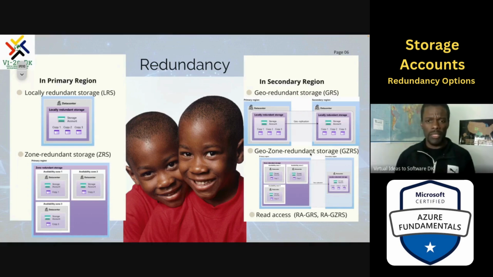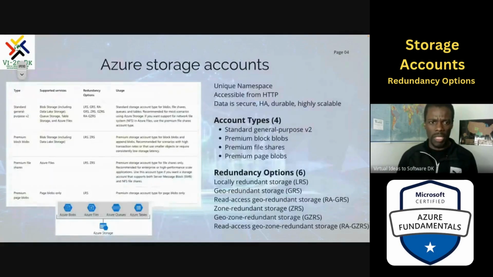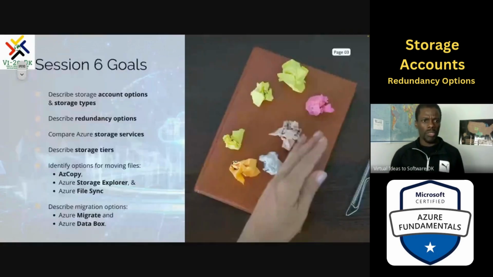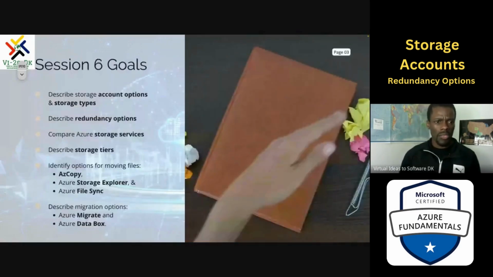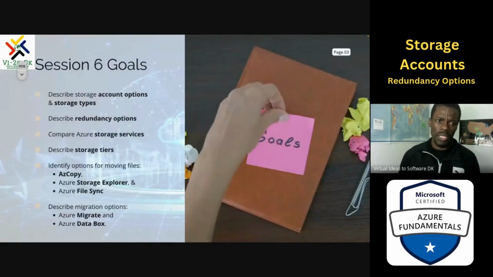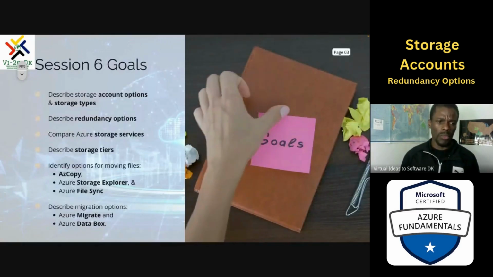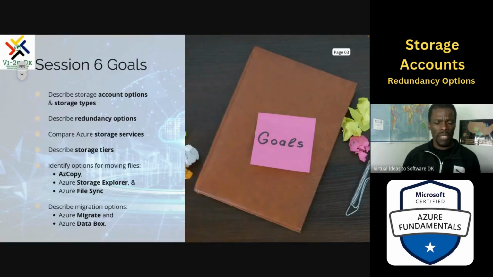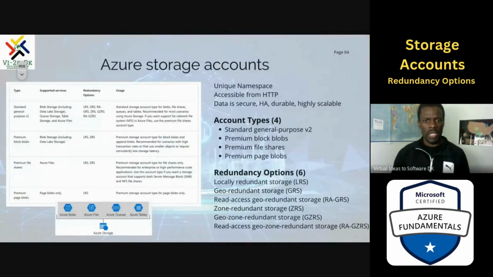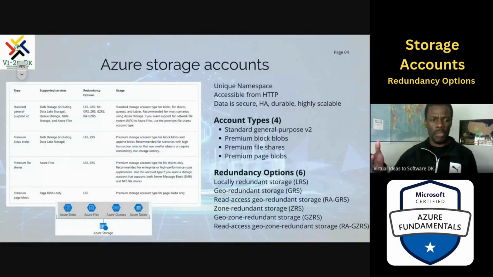So going back to the very first slide we touched on today, let me jump back to the beginning. We're going to talk about our goals, storage account options, storage types, and redundancy options. We've been able to address those 3 already. Let's go over it again. For storage account types, you can have your standard general purpose storage.